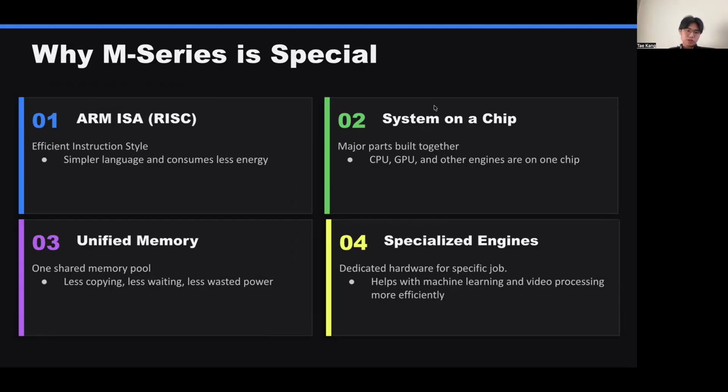Number three, unified memory, one shared memory pool. Because it uses unified memory, it copies less, waits less, and wastes less power. Number four, specialized engines. Dedicated hardware for a specific job.